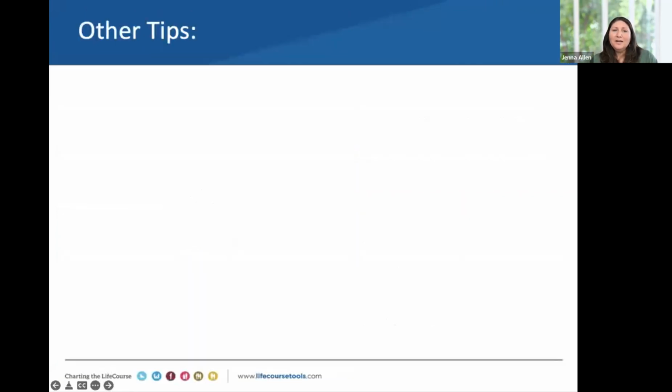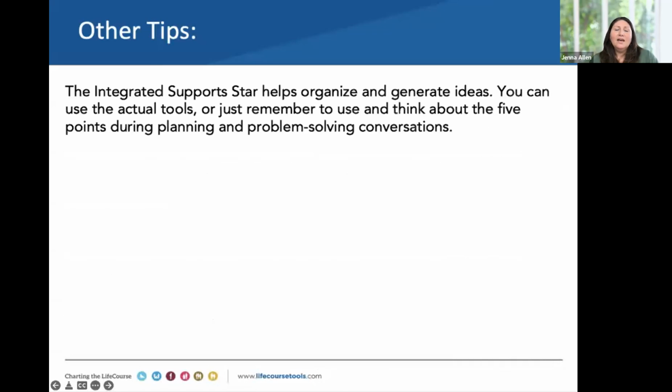A few other tips as you're working with your star. Again, it's really designed to help organize and generate ideas. You can use the actual tools, and I think there's a lot of value to using the tools. Some of these things that you're going to be exploring might be more complex than you think, and it is helpful to actually write things down and have something to come back and refer to.